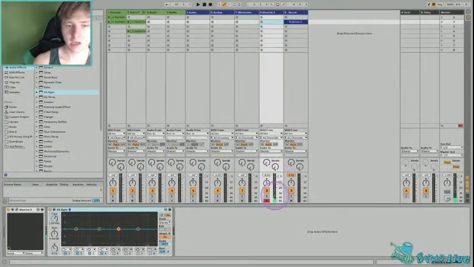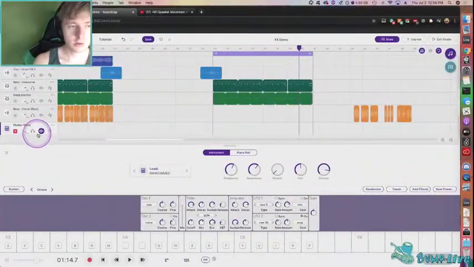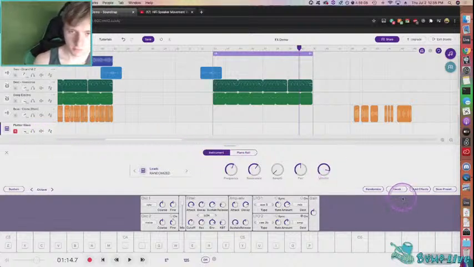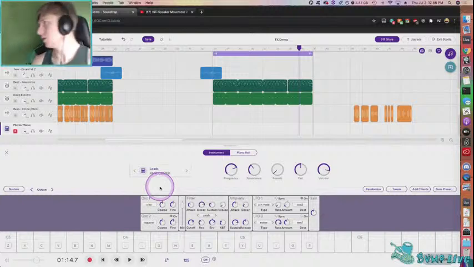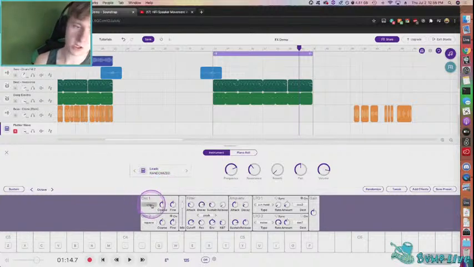Let's get it off of Ableton onto Soundtrap. You can have fun with that, randomizing all the parameters around. Let's make it simple, though.